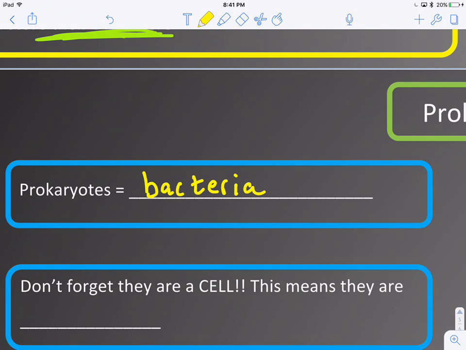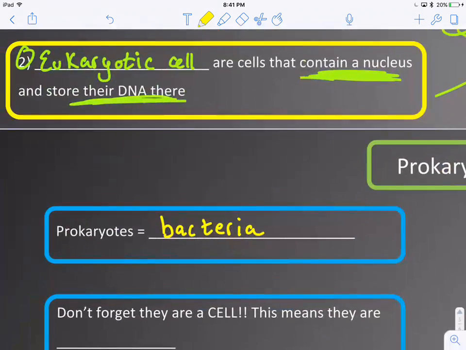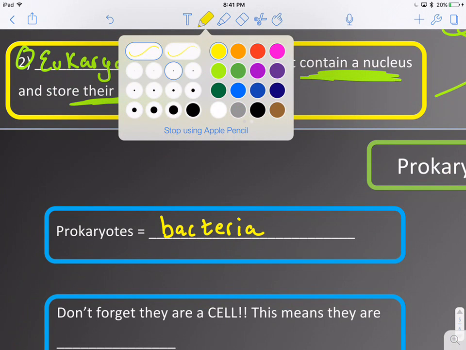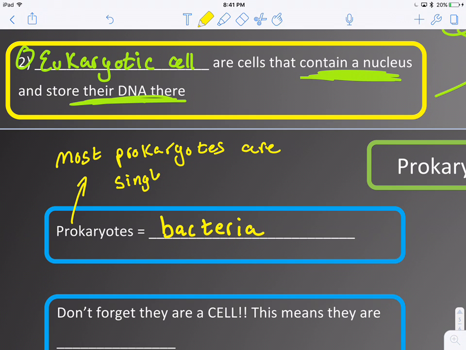And this is because most prokaryotes are single-celled organisms.